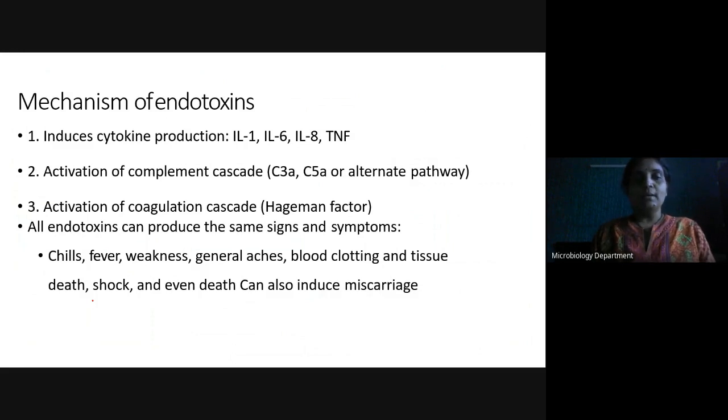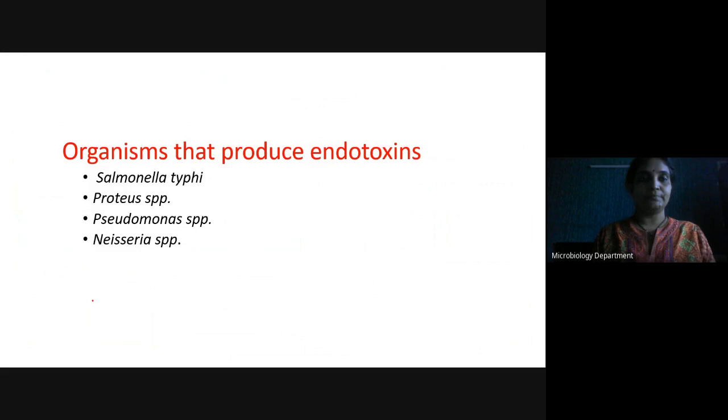Because of that, the host will face many symptoms, and the main symptoms are chills, fever, weakness, general aches, blood clotting, and tissue death, shock, and even death. It can also induce miscarriage. This is the mode of action of endotoxin.